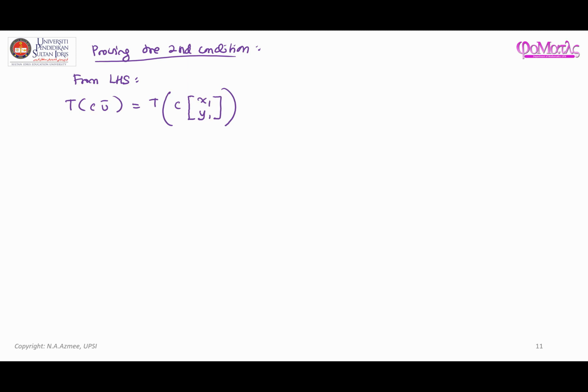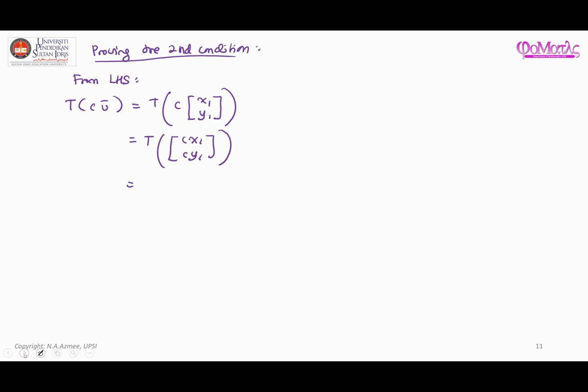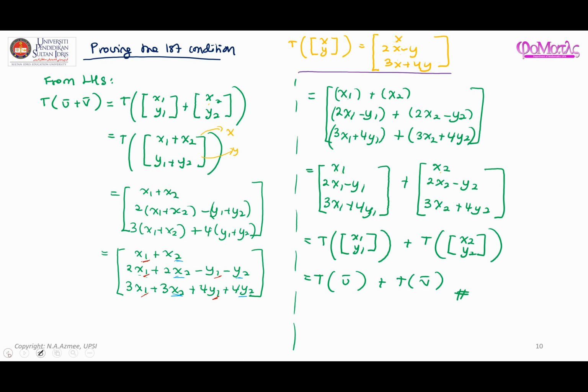Then do what's inside the bracket, so I have cx1, cy1. What is the result when you have input as such? The result has to follow the rules given here. The first part is going to be x, so this is cx1. The second rule is 2x minus y.